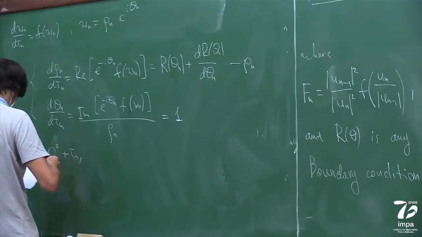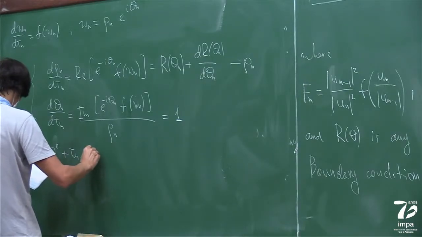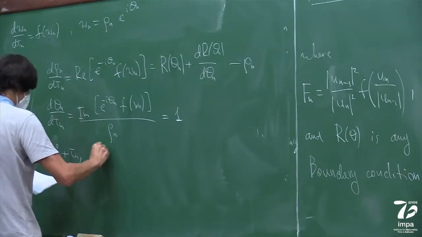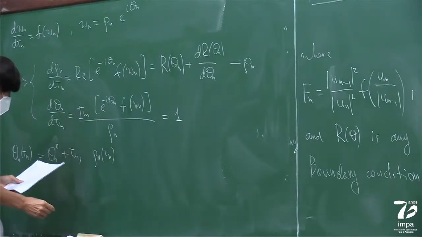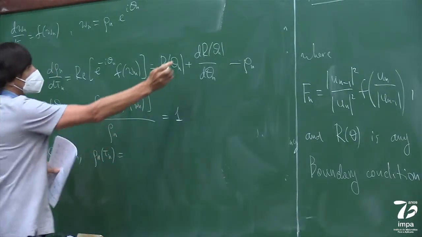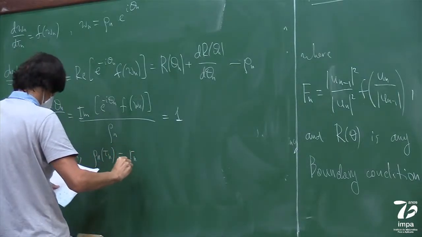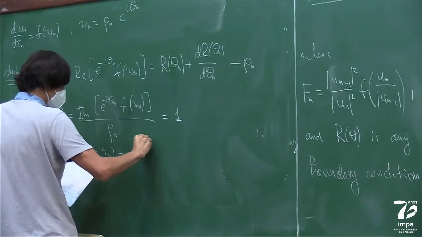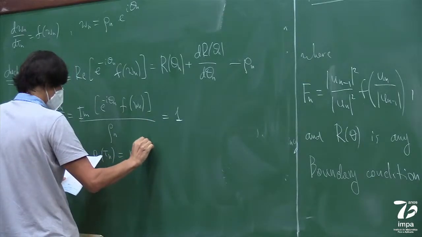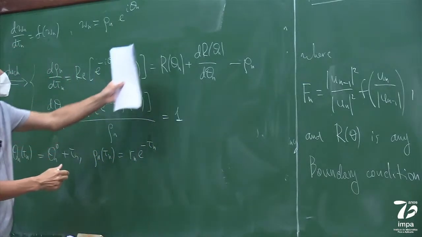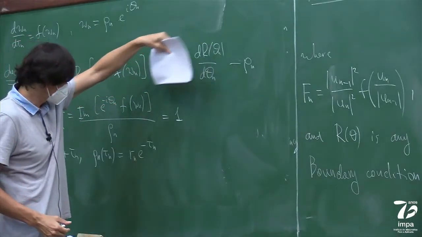So I'll just directly give you the answer, and you can check it. First, without this term, the solution would be an arbitrary constant Rn times exponent minus tau n. So this is a solution without these two terms.